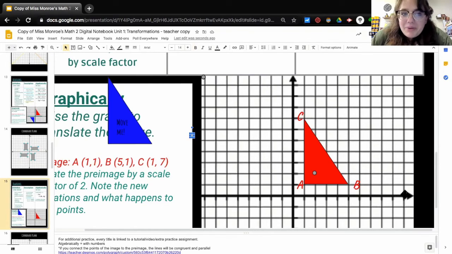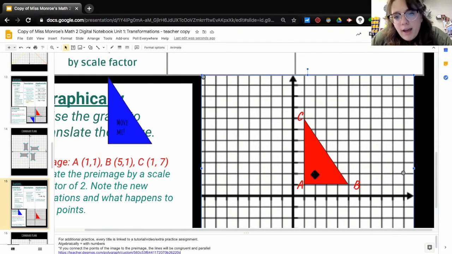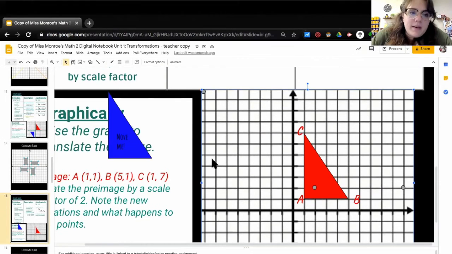I'm not going to have enough room for this shape on this graph. Not great. And then 1 multiplied by 2 is 2. So that dot right here is B prime. So I have A prime, B prime, and C prime is going to be way up here, and it's not going to fit.